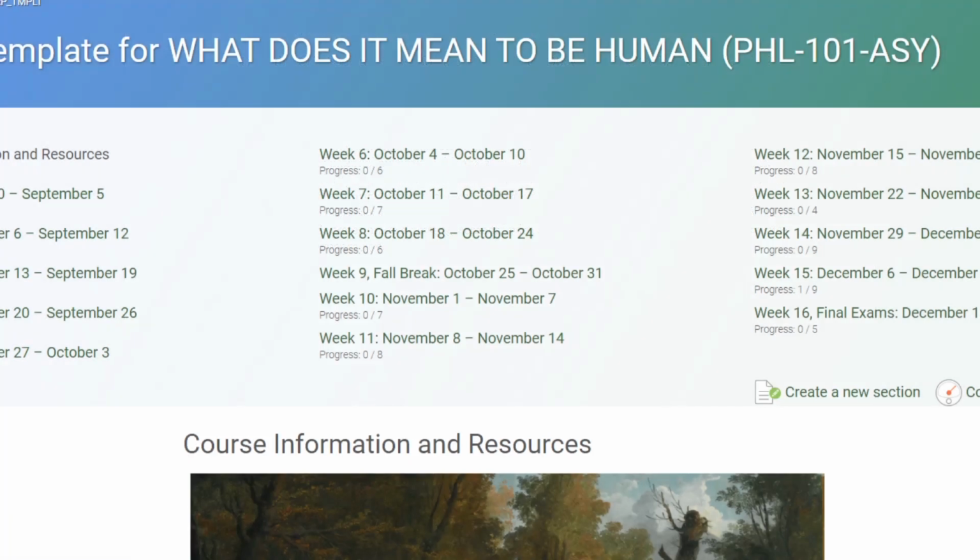Likewise, you would be able to find the Exam 2 study guide in the week 16 area of the class.